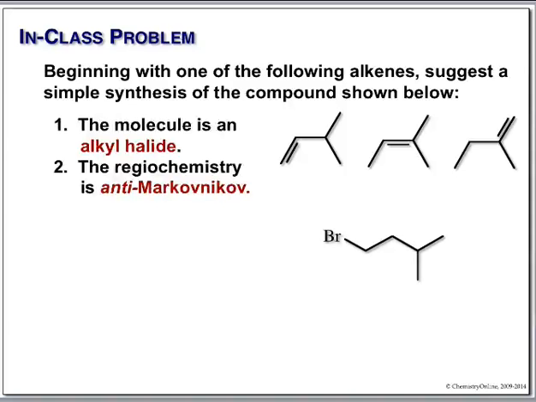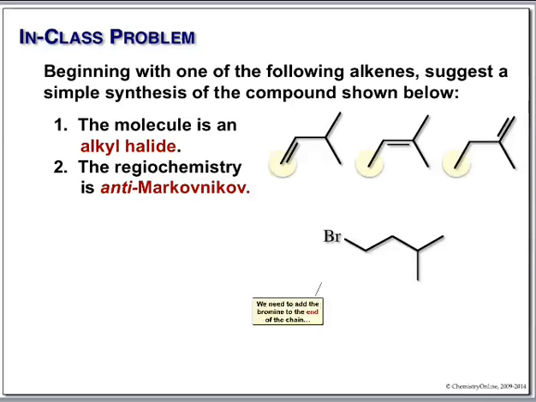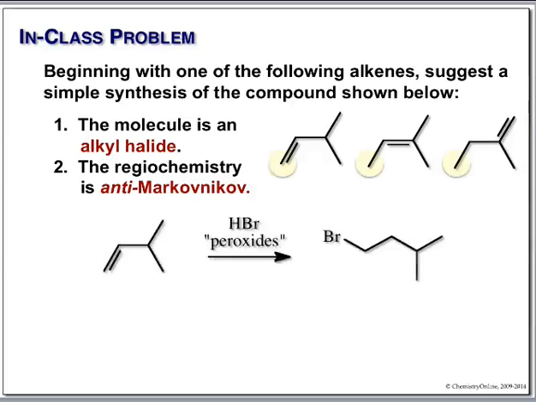But if we use this guy, we're adding to the end. These two don't have double bonds at all. This one does. This is the compound you want. Reaction conditions. We're trying to make an alkyl halide with anti-Markovnikov regiochemistry, that is simply HBr with peroxide.